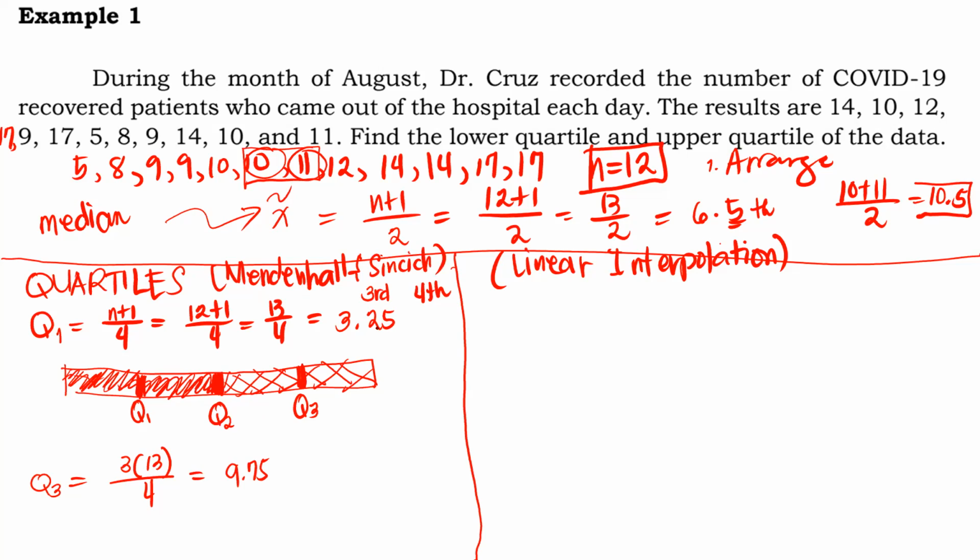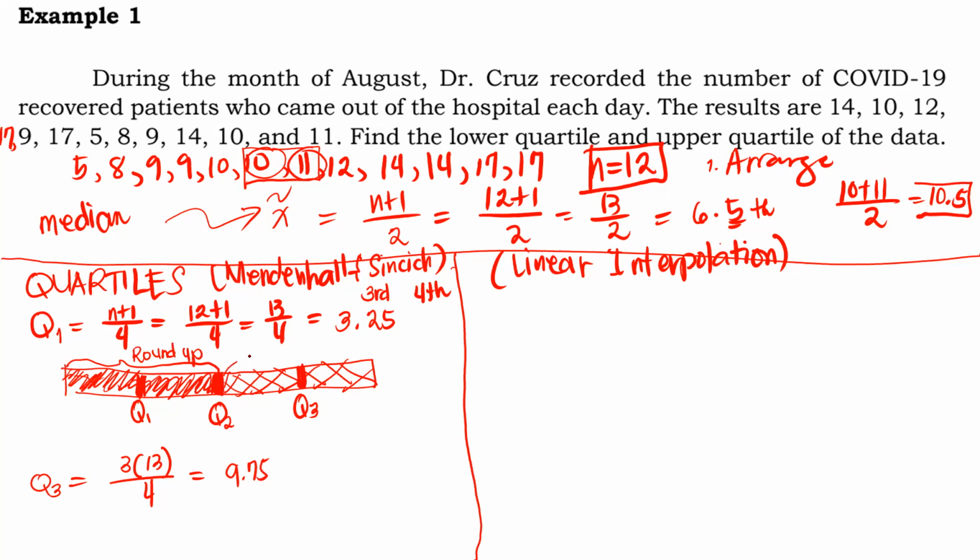In Mendenhall and Sinsich, the rule is, if your data is on the left side of the diagram, you have to round up.